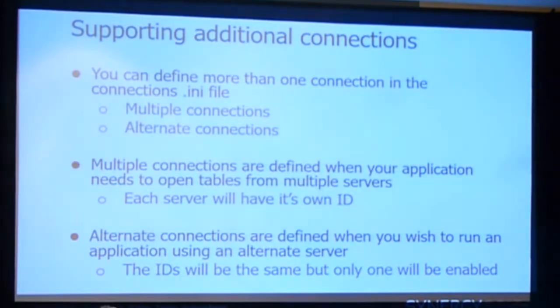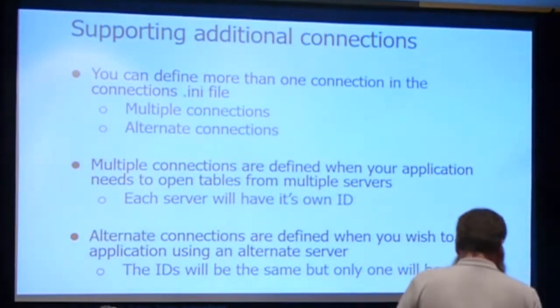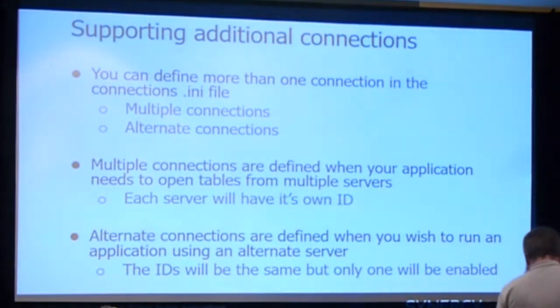A multiple connection is when you need to talk to tables from different database servers. Normally you don't do that. Normally you have a main database server you work through, but it's not completely atypical to have an application that needs to go out to some other database server to access something.